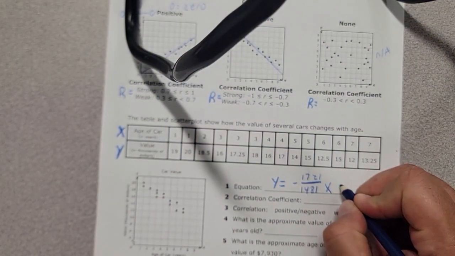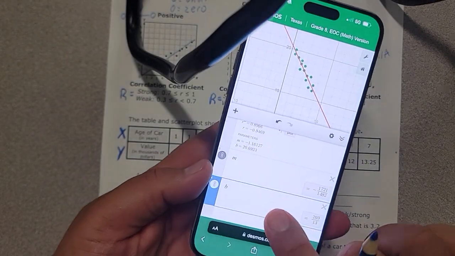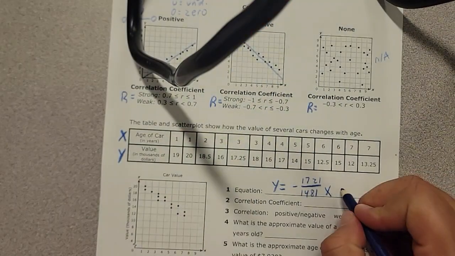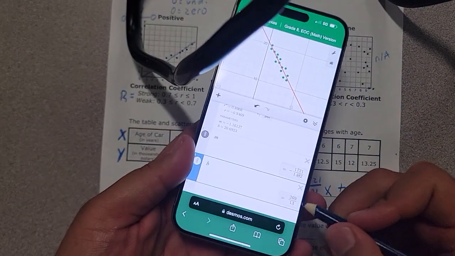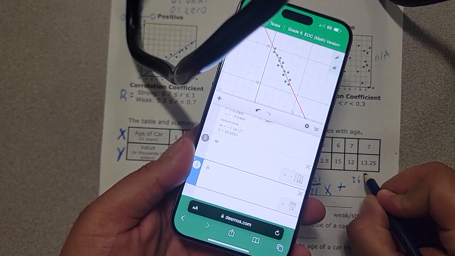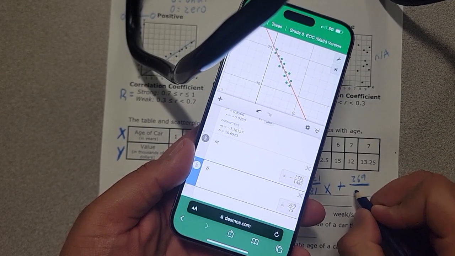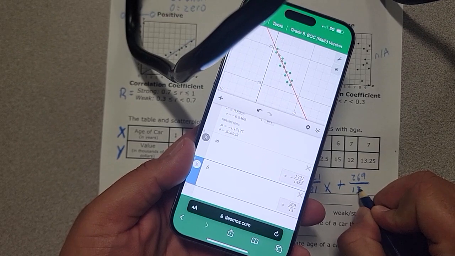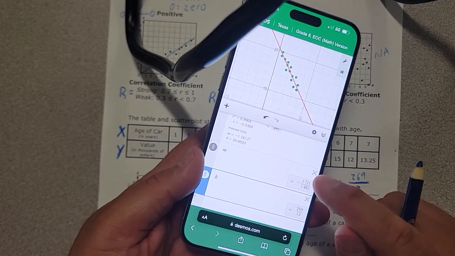And you put the x there. Now, since the b is positive, we put a plus for positive, and then we put this fraction, 269 divided by 13. All right.